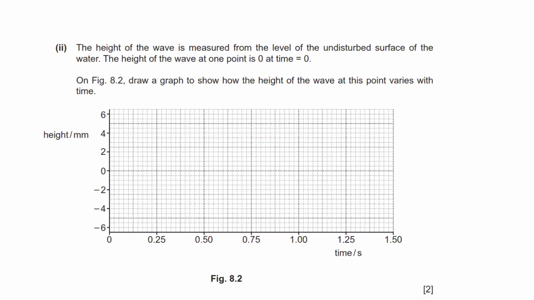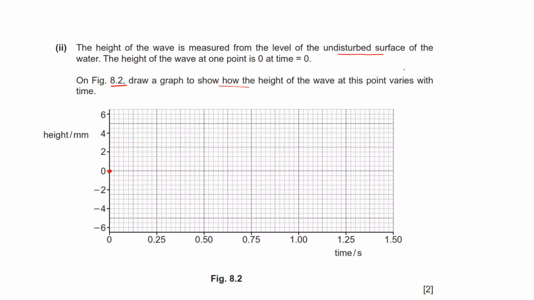Moving ahead, part 2 says the height of the wave is measured from the level of the undisturbed surface of the water, and the height of the wave at point O at time t equals 0 is 0. On figure 8.2, draw a graph to show the height of the wave.